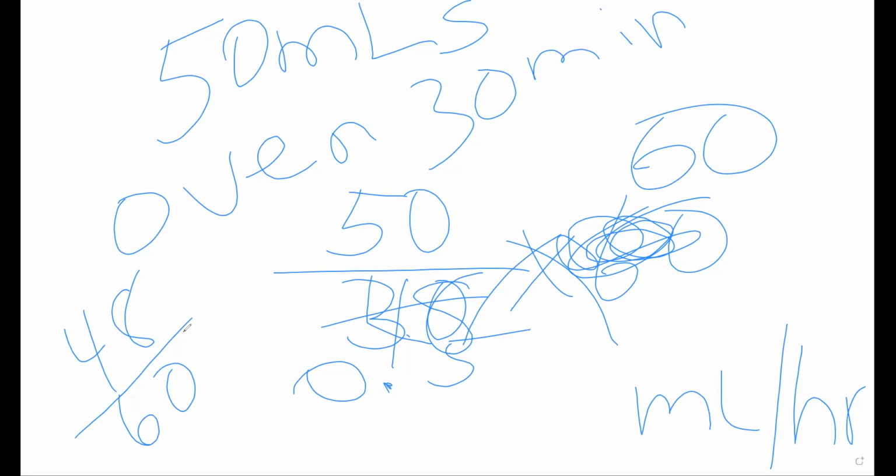The idea is when you're doing mLs per hour, if your time is in minutes, you have to convert it. How are you going to convert it? What works for you? What will you remember when you get to the test? Because if you don't remember it when you get to the test, that is no good.